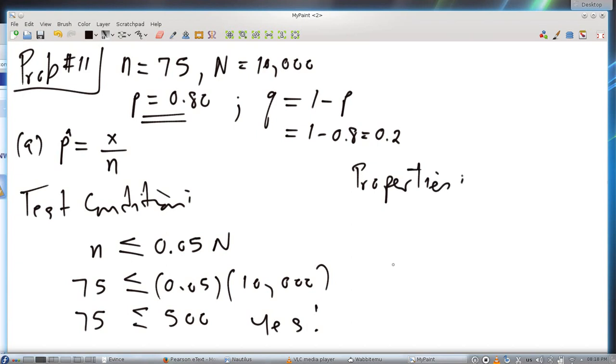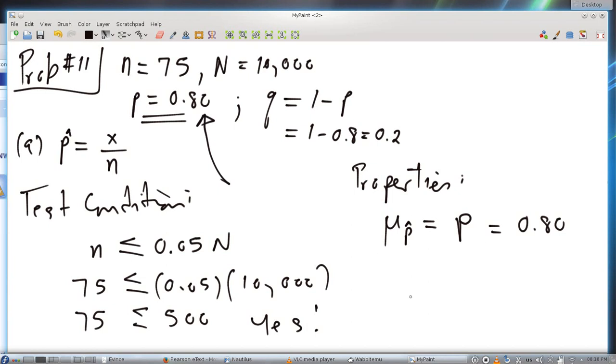We have that the mean of the sample proportion will be equal to the true population proportion, and that is 0.8. Okay, that much is clear, because that information is given to us in the problem.